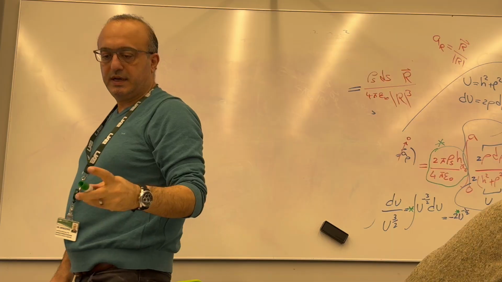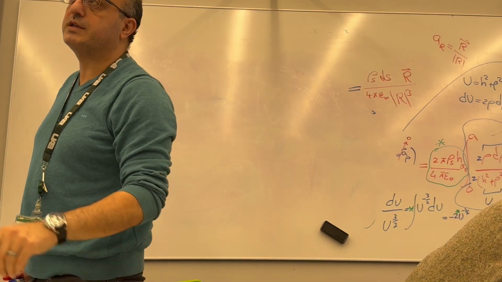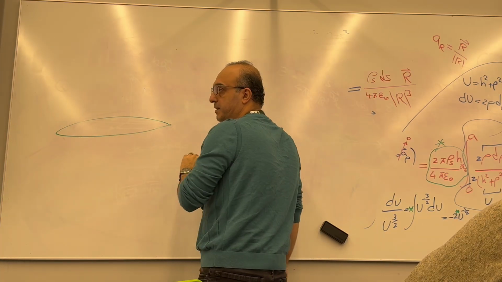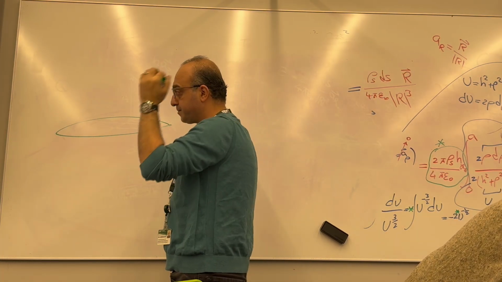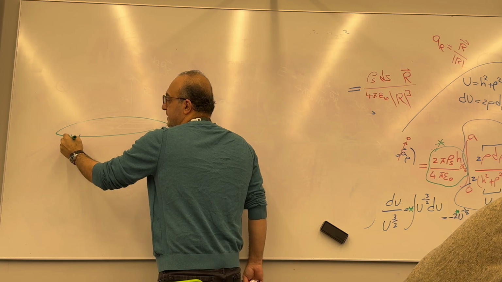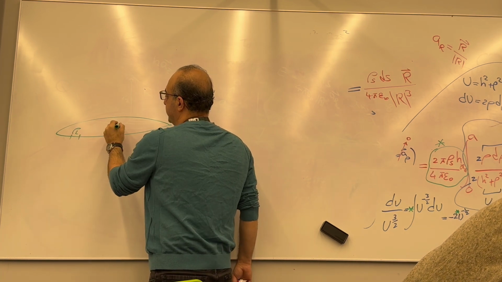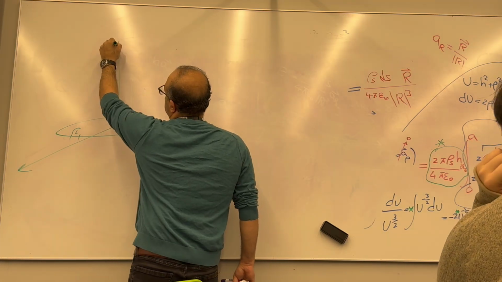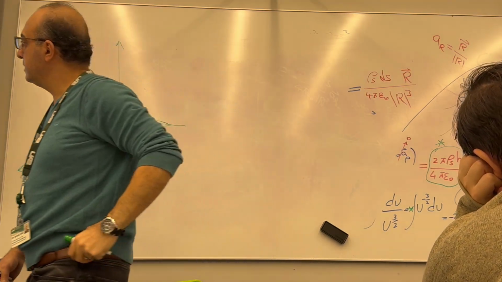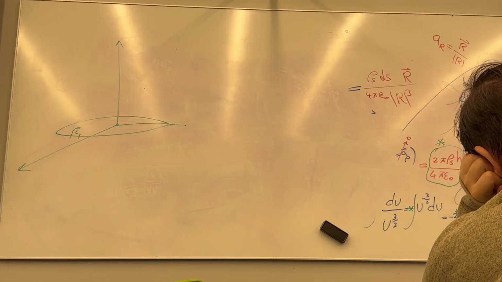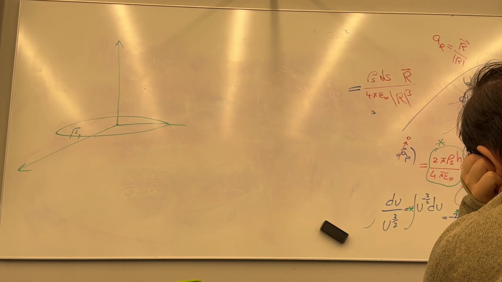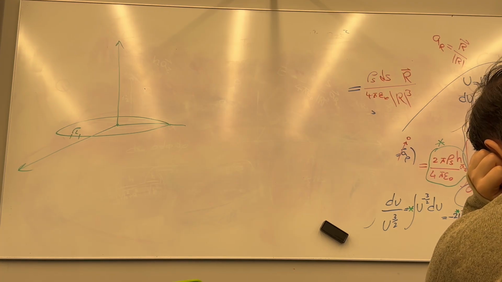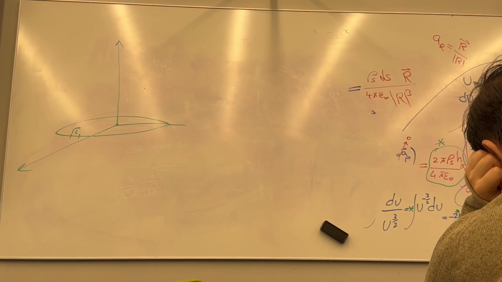Okay. Now, everybody here, it's a super important question. We have this ring this time, not a disk. This is the rho L. This is the ring. It's empty.